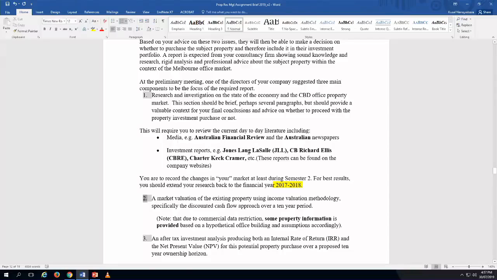For example, JLL, LaSalle, CBRE, Charter Keck Cramer, etc. There are different reports. These reports can be found on their company websites, probably every quarter. Those are quarterly reports, mainly. So you can get valuable information on the current market condition.